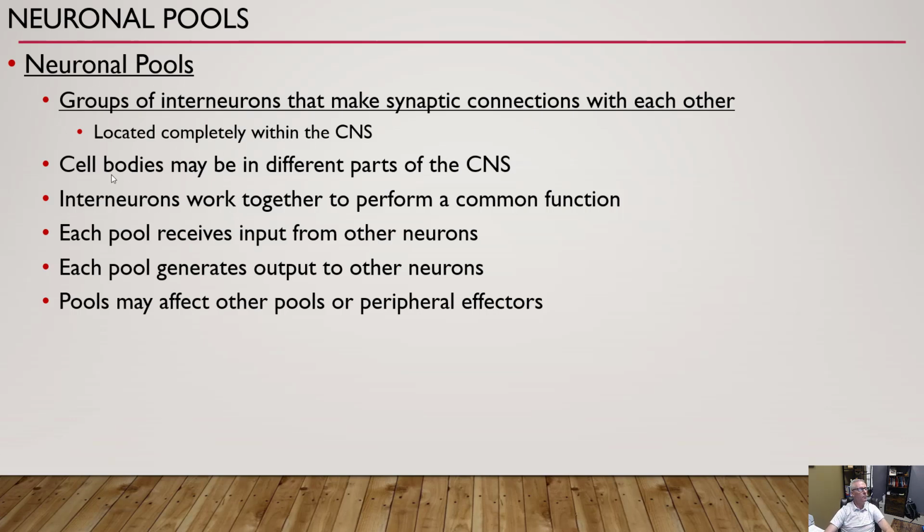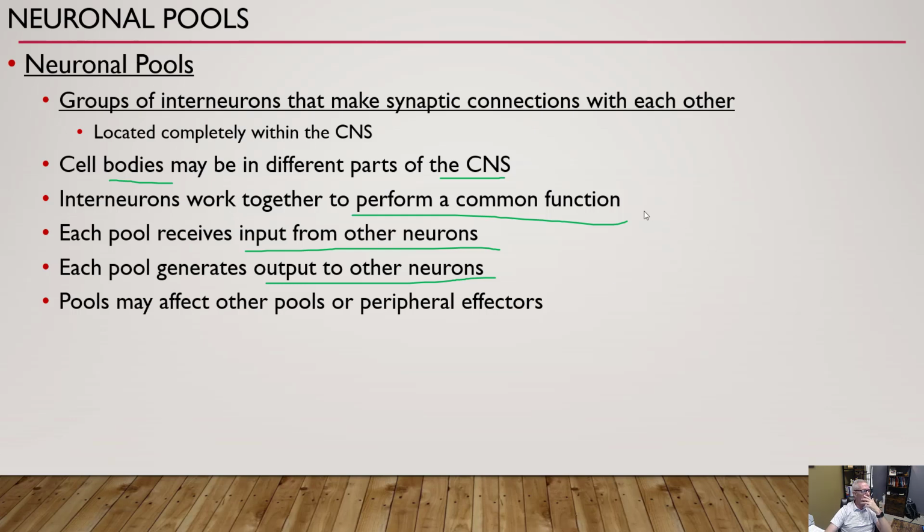There are a bunch of cell bodies within the central nervous system, and they work together to perform a common function. They receive input from other neurons, and they also generate output for other neurons.